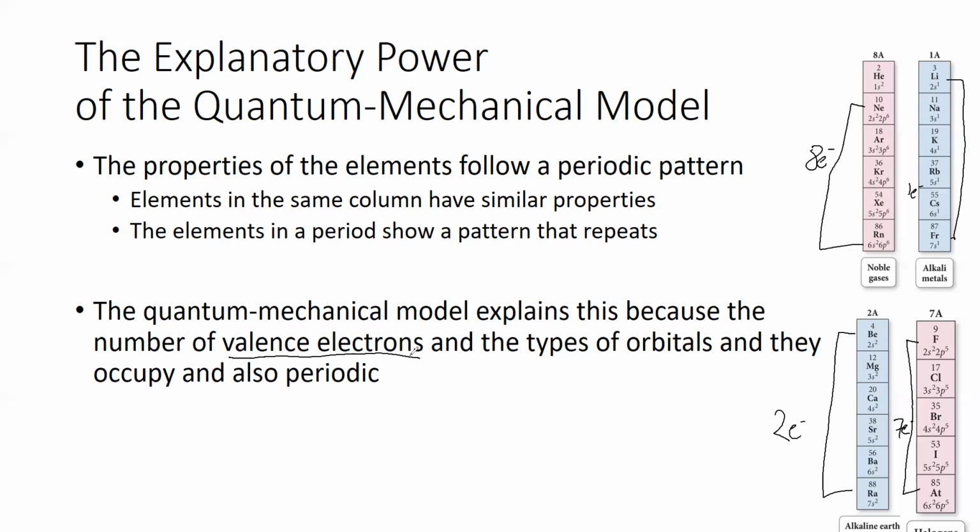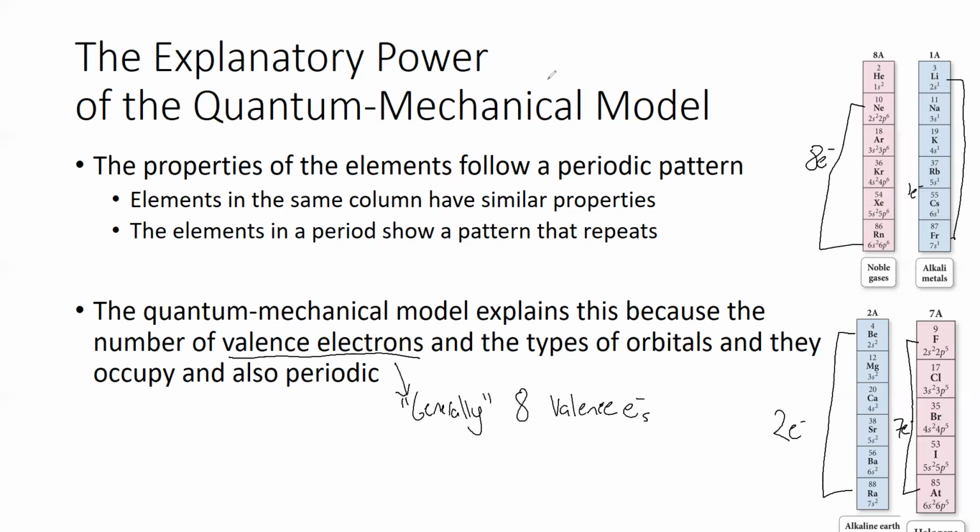Generally, atoms want 8 valence electrons. Generally, because there are exceptions, you want 8 valence electrons, and atoms will react in such a way to make sure they have 8 valence electrons.